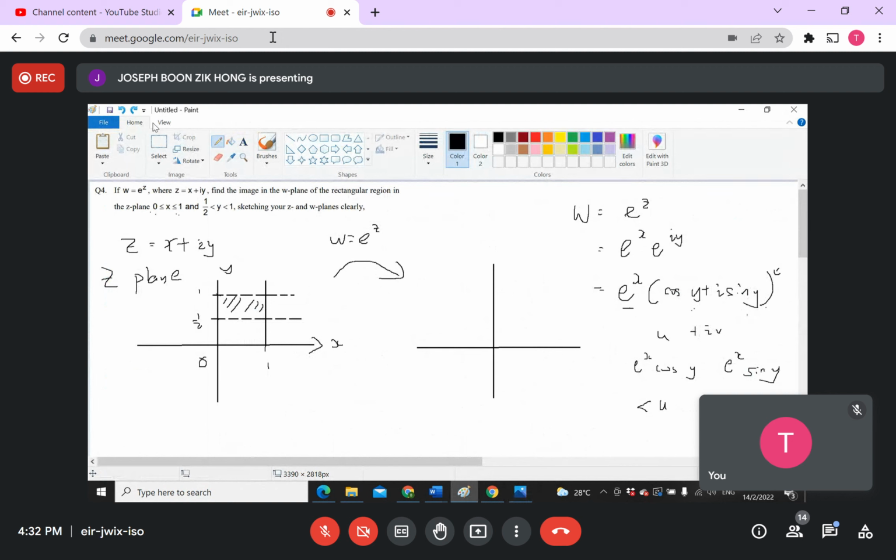So that means if I don't want to compare, this one will be my modulus. My w will be in between E0, which is 1, and E1, which is e, so you will have 2 circles.